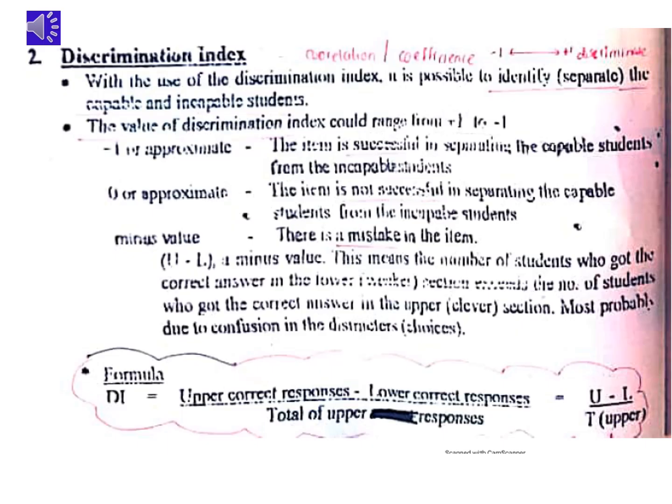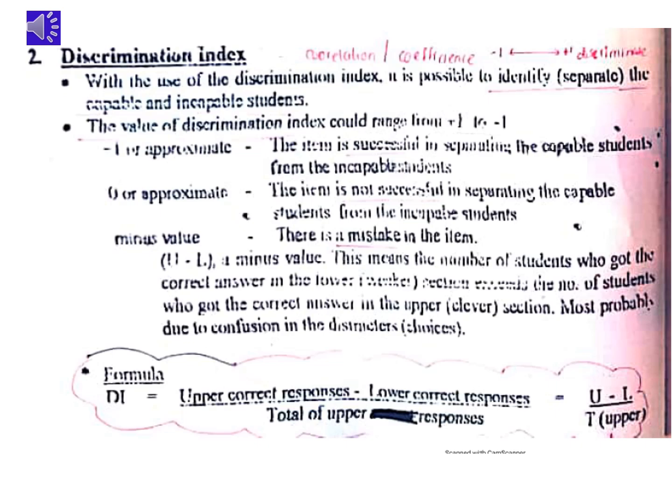What about a minus value, right? If you get a minus value, because the index ranges from -1 to +1, then you can say there is a mistake in the item. That means there is a mistake in the question. Something is wrong in the question. So you'll have to amend or correct the question. Why? Right.